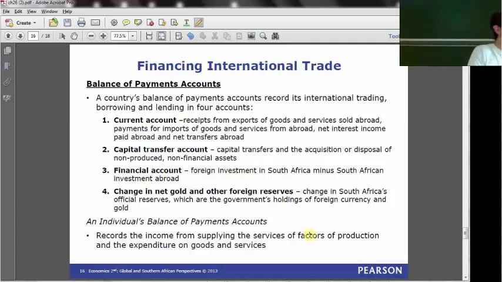Anyway, what we have here is merchandise exports, and exports you will see are a plus in our current account. So what happens when we export? We send our goods and services overseas, and we get paid with money.